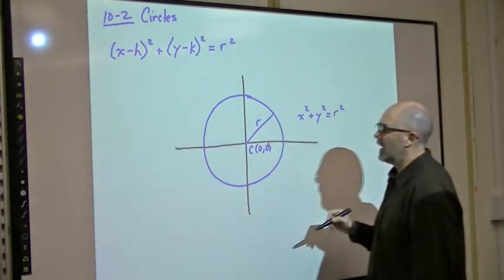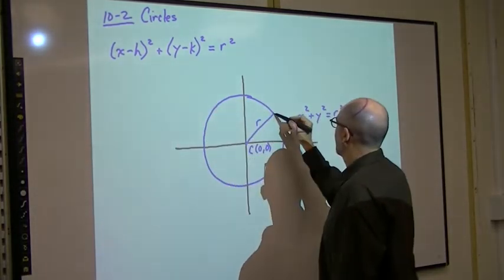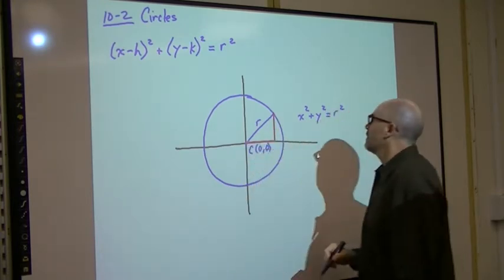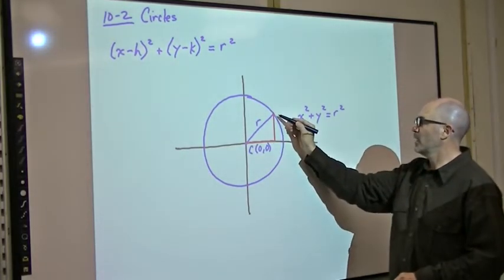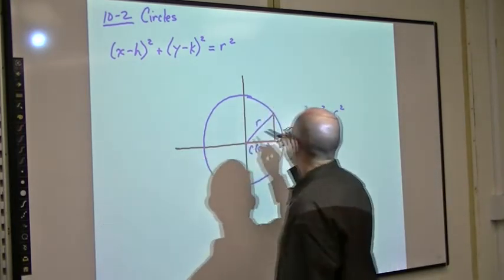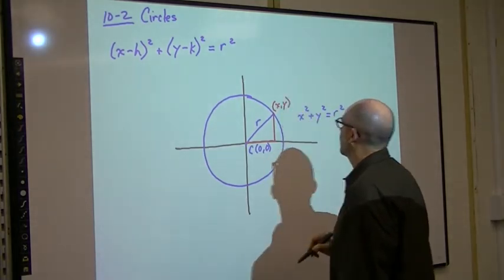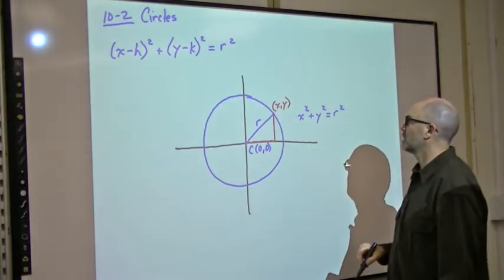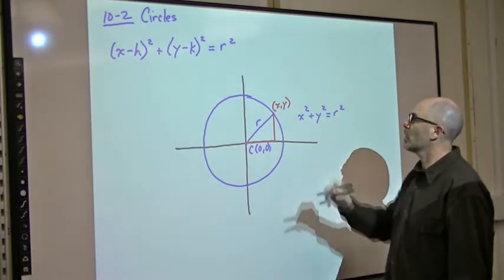Now you can see how this works. It's merely the Pythagorean theorem. X squared plus y squared equals r squared. And this right here is the point x, y, or the point r theta, as we did last chapter. But all we're doing now is x squared plus y squared equals r squared.